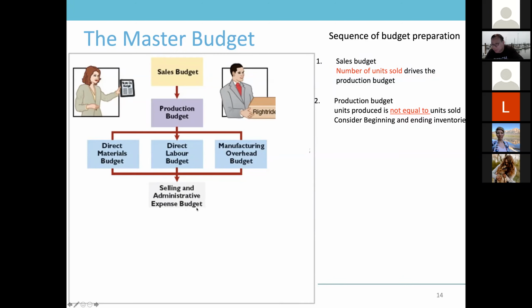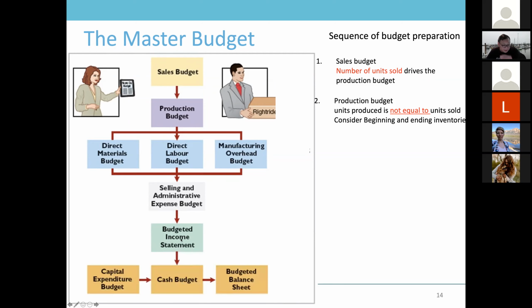So you're also going to have a budget for these expenses. With this, you know sales, you know cost, you know all these expenses, so you have a budgeted income statement, okay? And then that budgeted income statement gives you budgeted operating income. That goes to the cash budget, right?